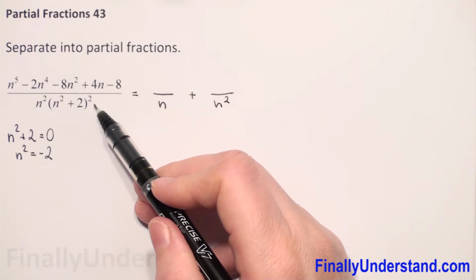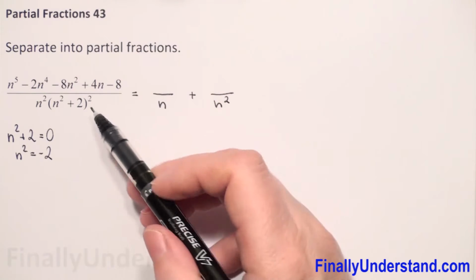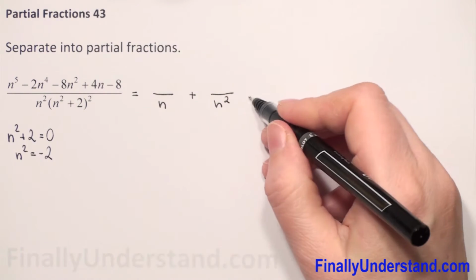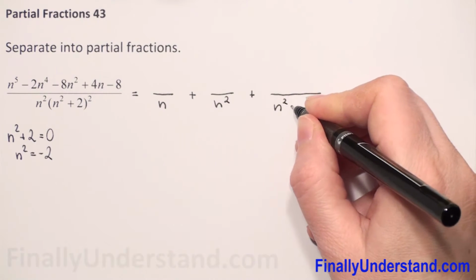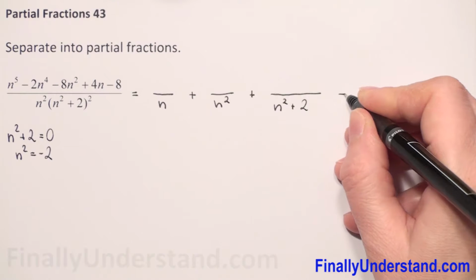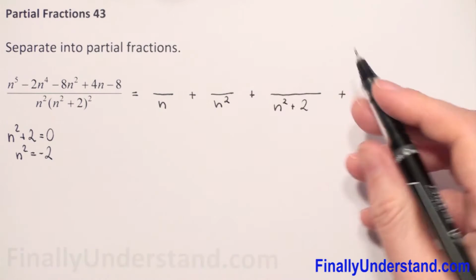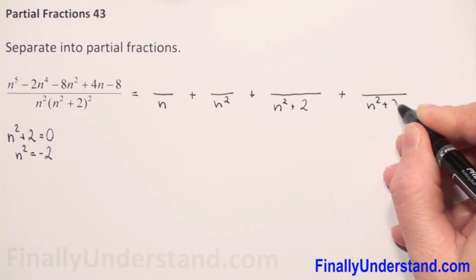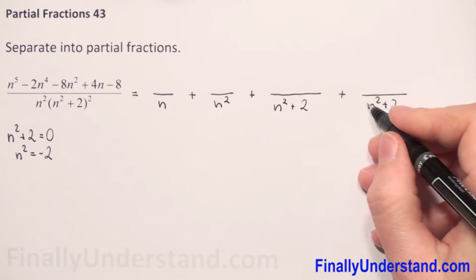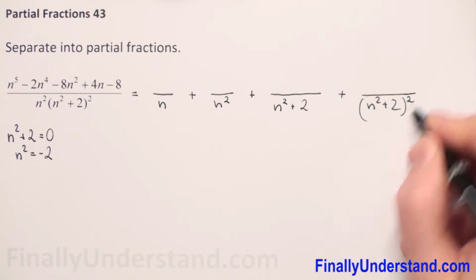Because we have the power 2, we again have two partial fractions from the second factor. The first is to the first power, which we don't have to write, and the second is to the second power.